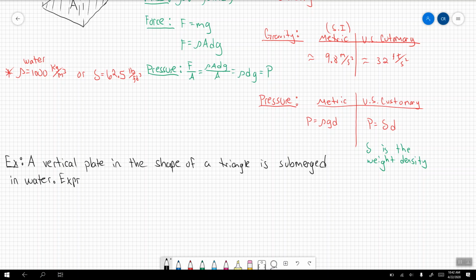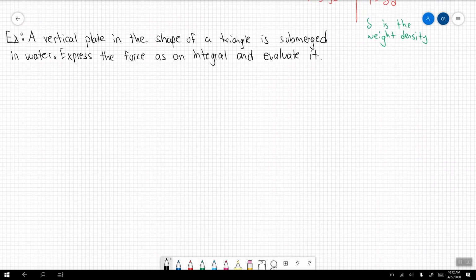What we want to do is express the force as an integral and evaluate it. I'm going to show you the picture below.